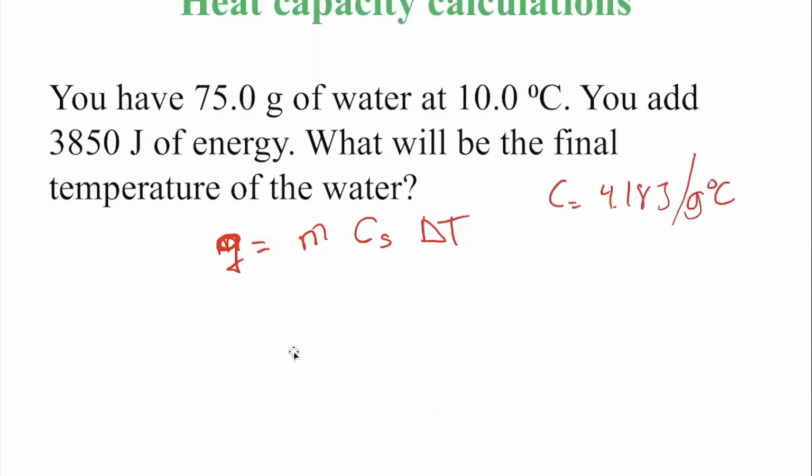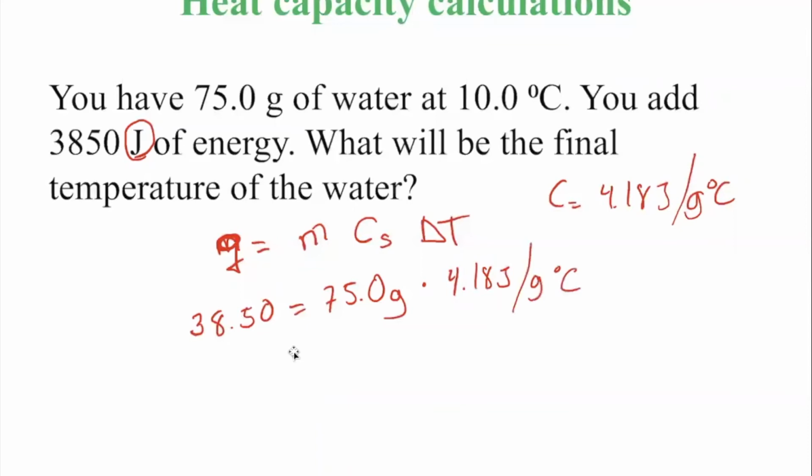They're giving you your Q, because this is the unit of Q, so you have 38.50 joules, and then they're giving you m, which is 75.0 grams. I gave you C, which is 4.184 joules per gram per Celsius. Let's solve for change in T, so that makes it easier.